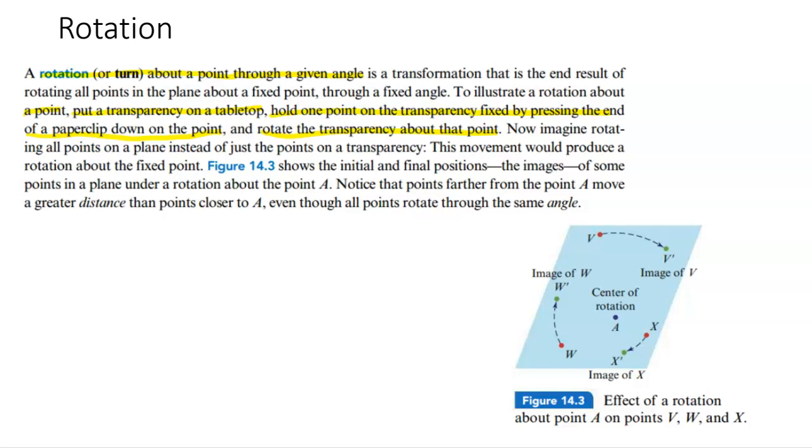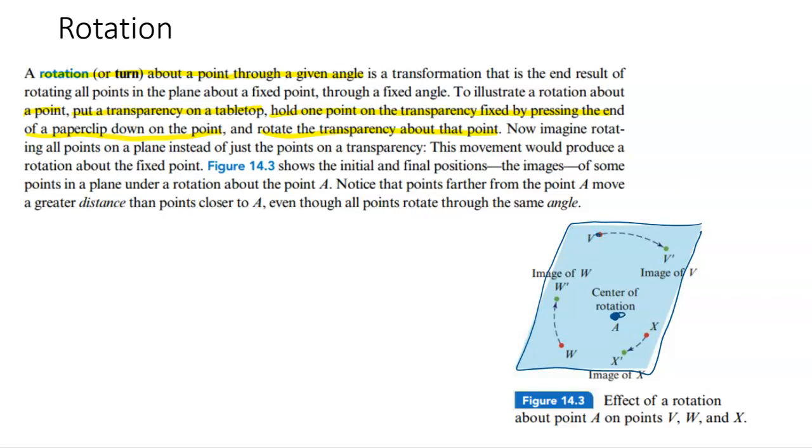So we're kind of imagining this plane rotating according to the fixed angle. So if we call this the center, this is where you would place your pencil to hold the transparency down, and here is V, and it looks like we're actually going to go the other way on this one.